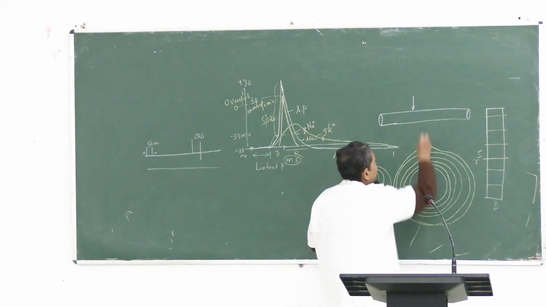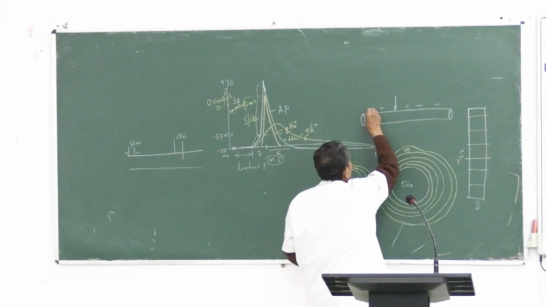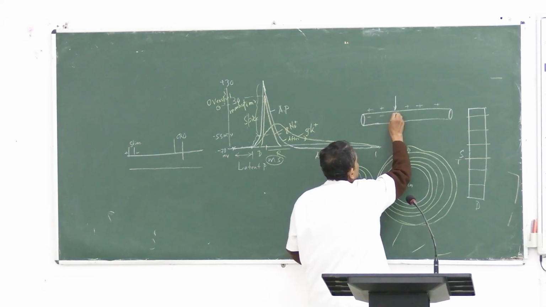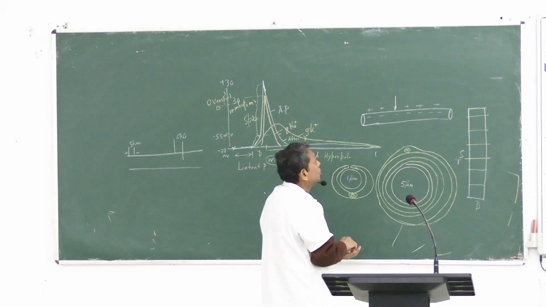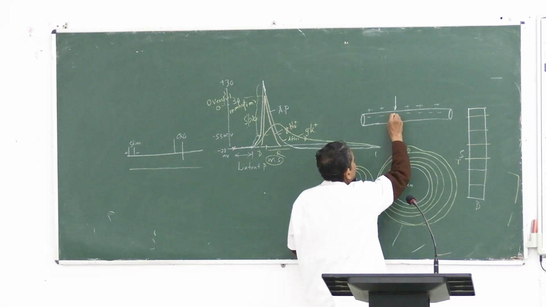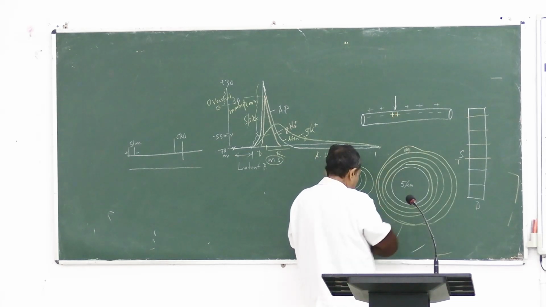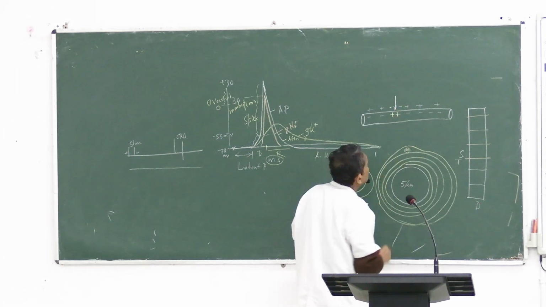Normally, on this side everything is positive outside. But whenever the stimulus is given, there is reversal of the potential. Inside becomes positive, outside negative.